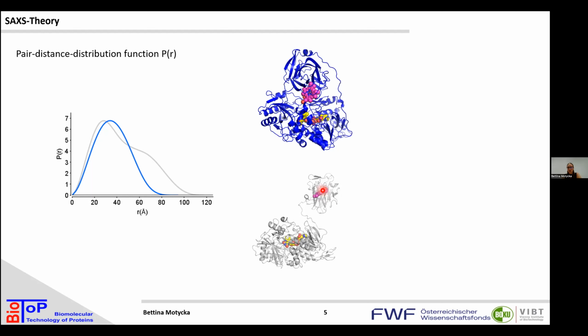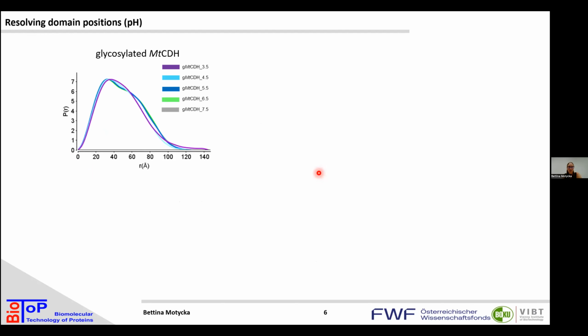And now I want to show you my data. The first question we wanted to answer was, how is this cytochrome domain mobility affected by the pH? Therefore, we measured a series from pH 3.5 to 7.5 with the native MtCDH.